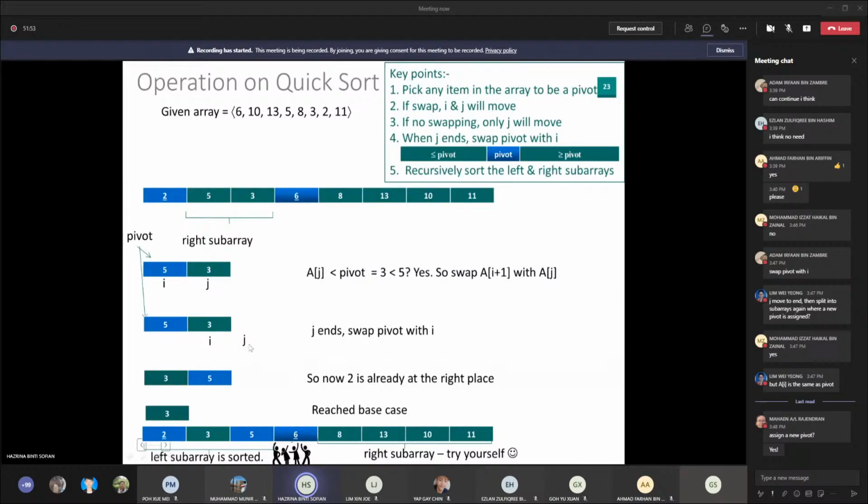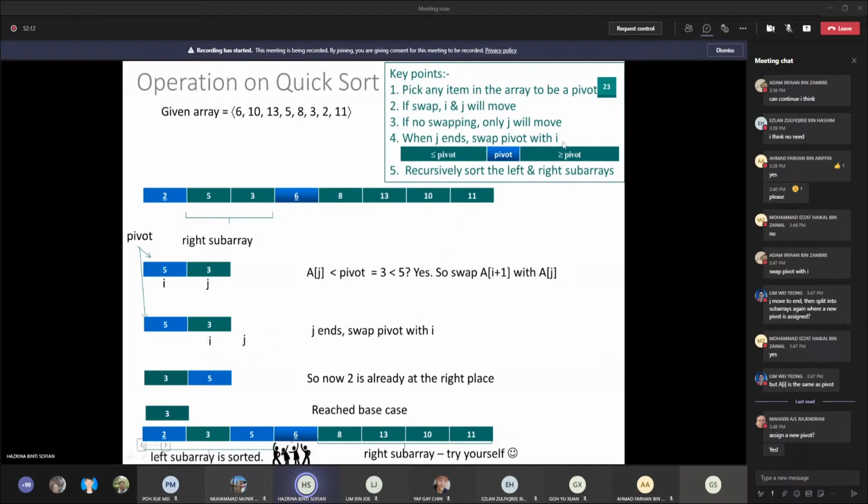So I will now follow J. When it moves, it reaches key point number 4 because J ends. Okay, what happens when J ends?